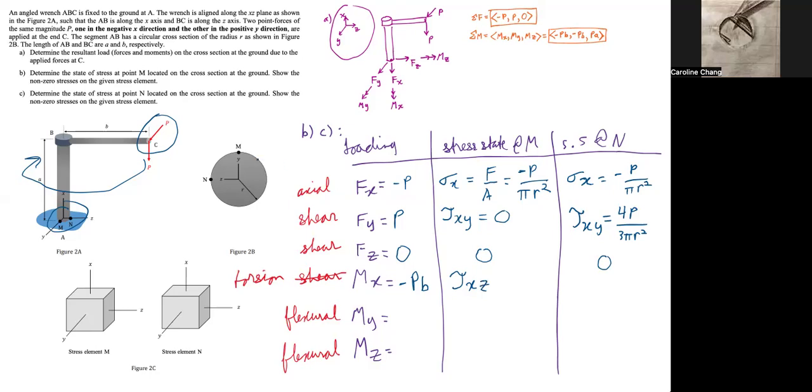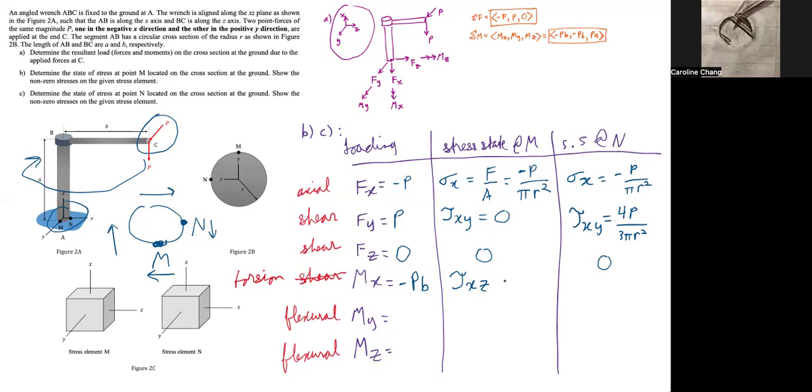Because if we look at our cross section over here, we have M and N over here. And a torsion is going to cause the instantaneous shear stresses at these points to be pointing in this direction because you're going counterclockwise. And thus, at M, it'll be pointing in the Z direction.